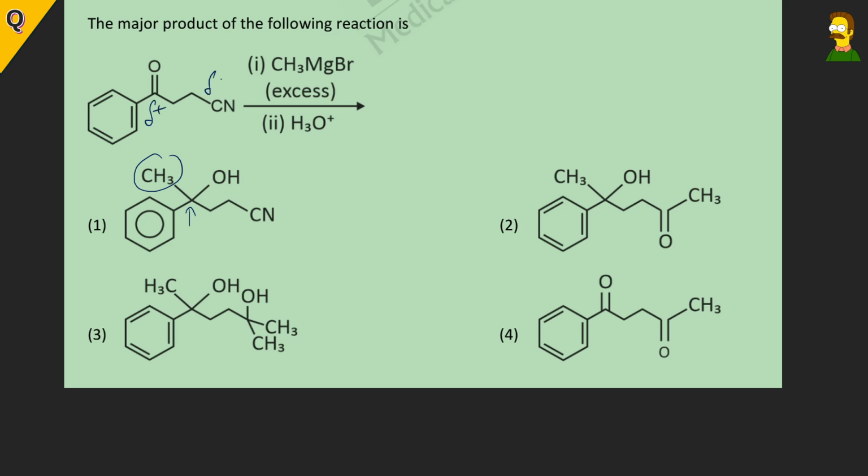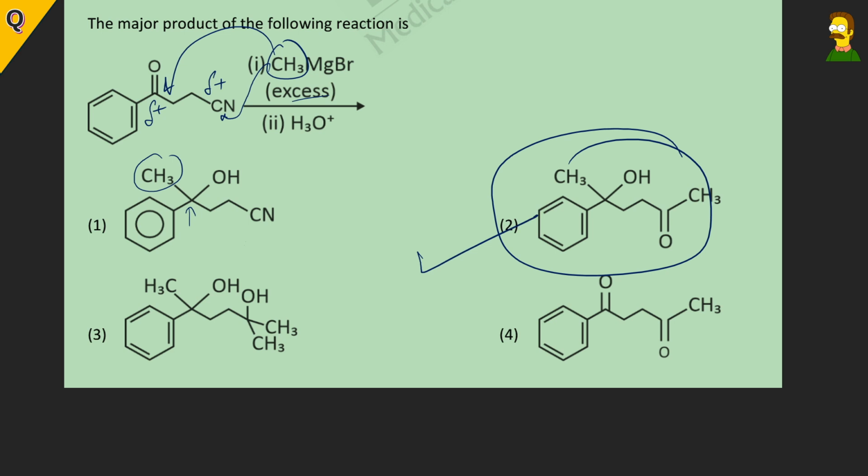But even this carbon is electropositive. So CH3 should also attack this, technically, right? You've got excess MgBr. If it did that, then you're more likely to get this as the answer. You mark this and you move on, right? If you think a little bit more, then you may also want to put this as the answer or this as the answer. So I don't think 2 is the right answer.